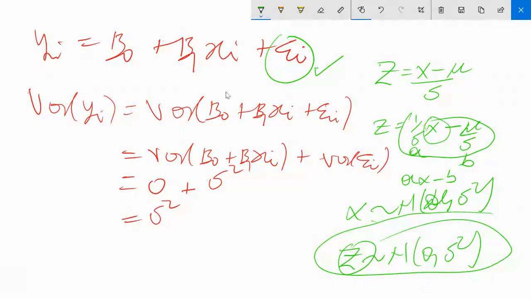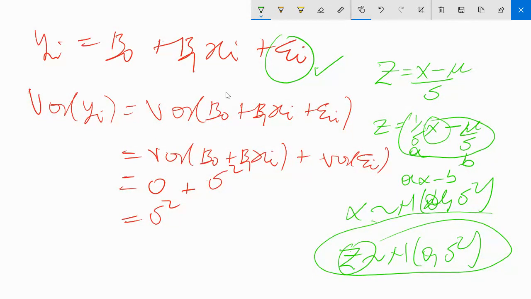X is normally distributed. So we are using the same logic here, that ei is a normally distributed random variable. The errors are normally distributed.